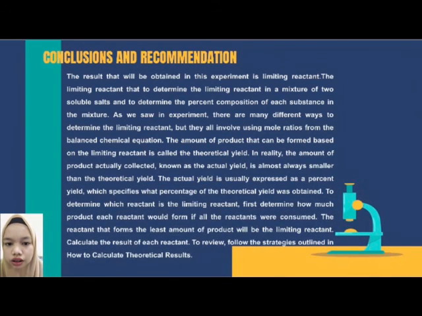The actual yield is usually expressed as a percent yield, which specifies what percentage of the theoretical yield was obtained. To determine which reactant is the limiting reactant, first determine how much product each reactant would form if all reactants were consumed. The reactant that forms the least amount of product will be the limiting reactant.